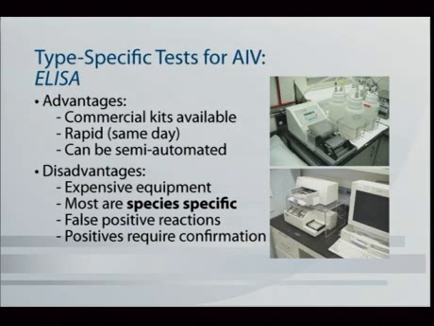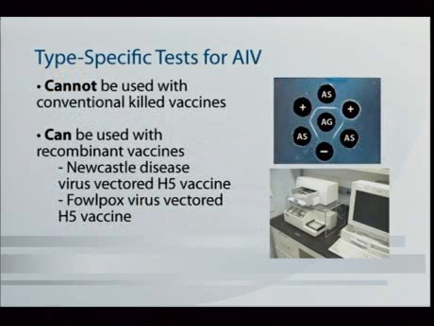But any positives on either the AGID or ELISA require further confirmation and testing. These type-specific tests really are not of much value when vaccination using conventional killed vaccines is used, because these tests cannot differentiate antibodies that are elicited following vaccination versus those that are elicited after natural infection.